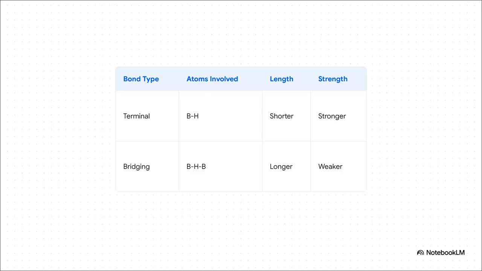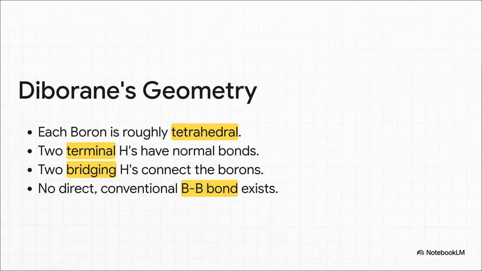But then you have the 2 bridging hydrogens in the middle, and they're held by those longer, weaker, 3-center banana bonds. This whole unique setup forces the molecule into a very specific shape. And get this, the 2 boron atoms aren't even directly bonded to each other in the way we usually think of it. Instead, they're only held together by those 2 hydrogen bridges, one arcing above and one arcing below, kind of pinning the whole structure in place.